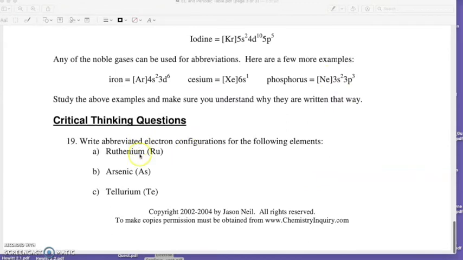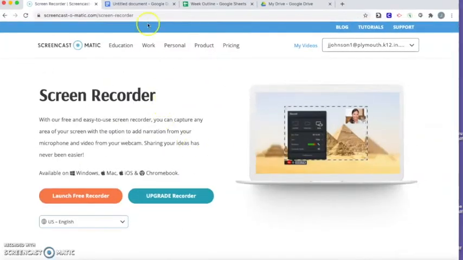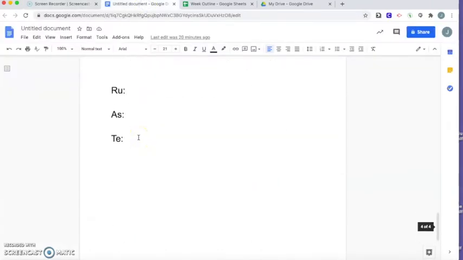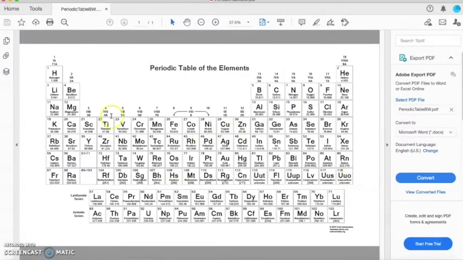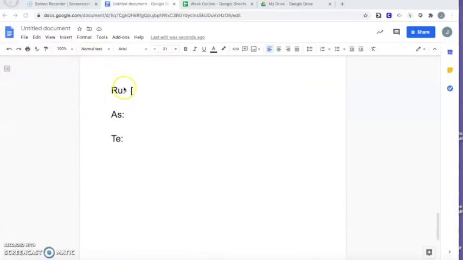So let's do a couple here and see. So we want to go Ru, ruthenium. So ruthenium, and the first thing I want to do is make a bracket, right? And I want to see, okay, so where's ruthenium? Where's it at on the periodic table? Right here, right, number 44. So I go backwards, and it takes me to 37, which means krypton. So ruthenium is going to be krypton, Kr.